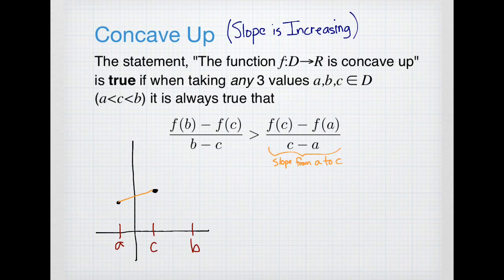Then if I calculate the slope going from C to B, I need to have a steeper slope. So if I were to continue this line out from A to B and continue the slope going on, what we see is my slope from C to B has to be steeper. So I have to be climbing at a steeper rate going from C to B.